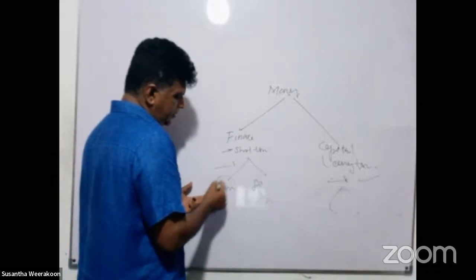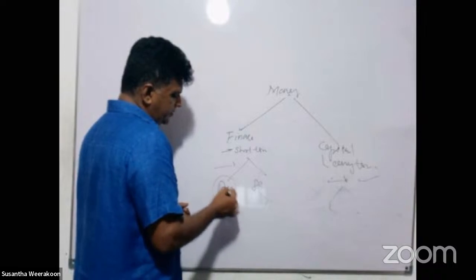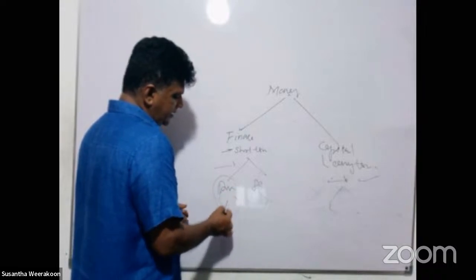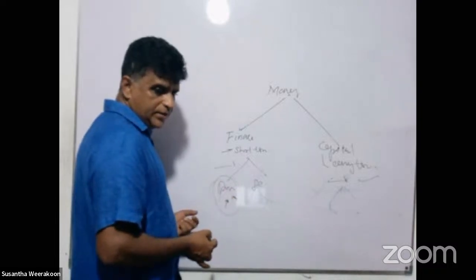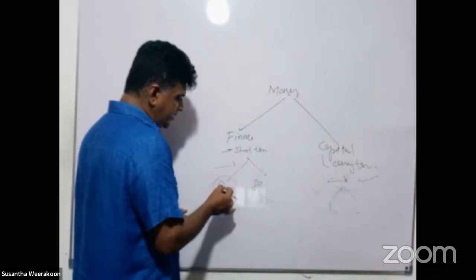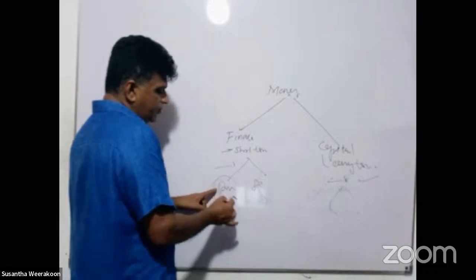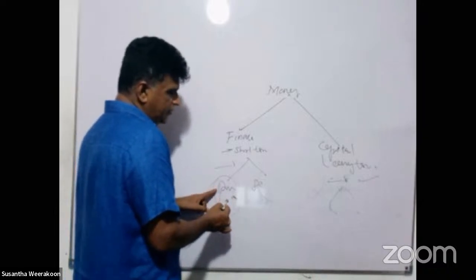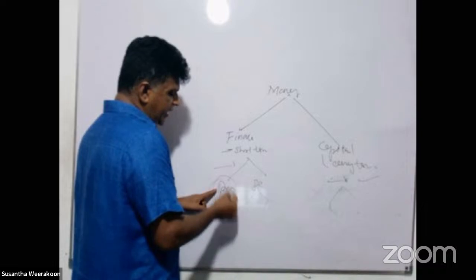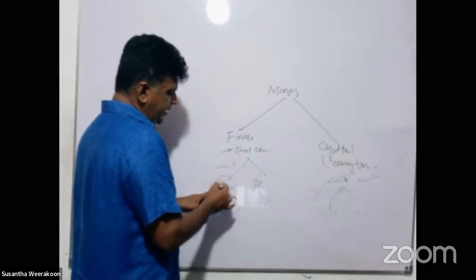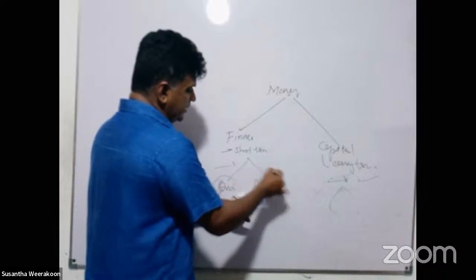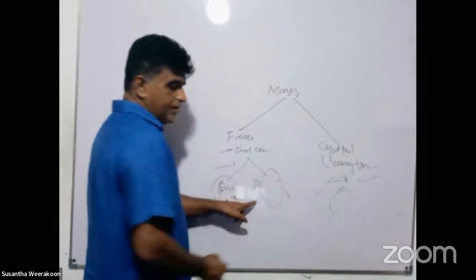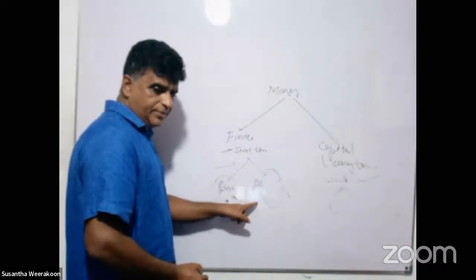Now, central bank and commercial banks, the primary dealers, operate in the primary market. Primary dealers and commercial banks can buy these short-term finance instruments from the central bank, and they can sell those in the secondary market to other parties, especially the general public.